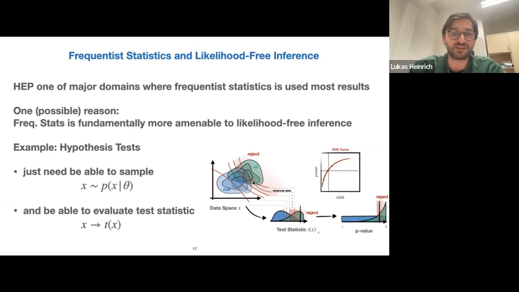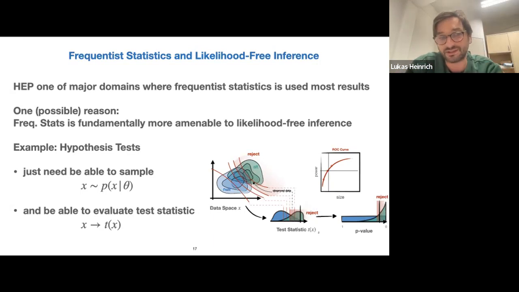Most of the results are presented in the frequentist way, even though people appreciate the Bayesian point of view, of course, and there are different cultural reasons why frequentist statistics still has its foothold. One possible reason that is interesting in this story is that frequentist statistics, if you think about it, is fundamentally more amenable to likelihood-free inference.